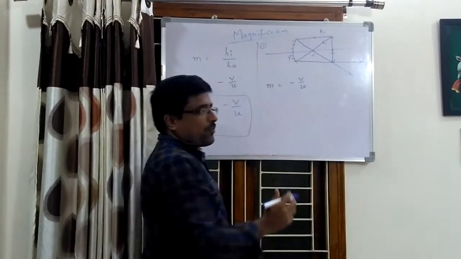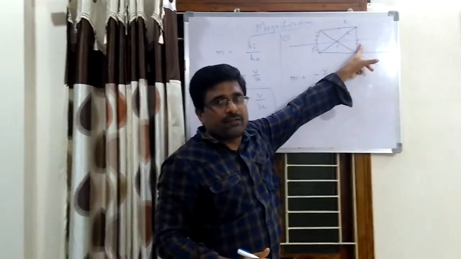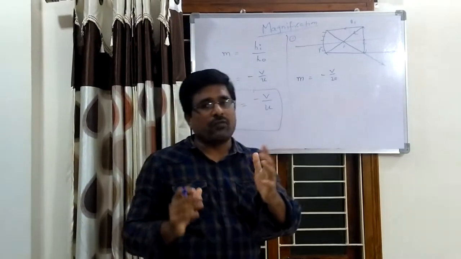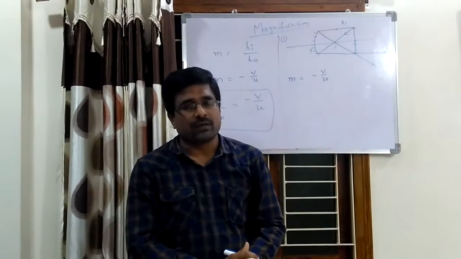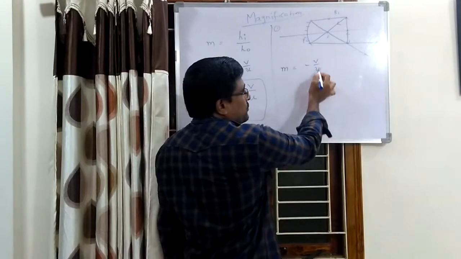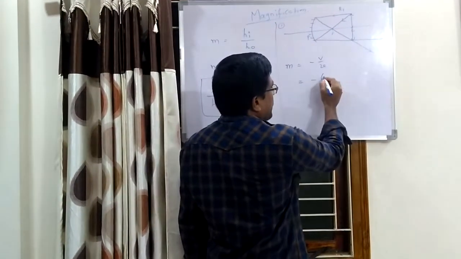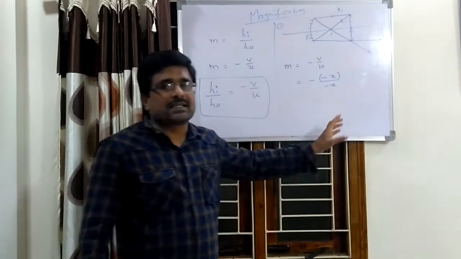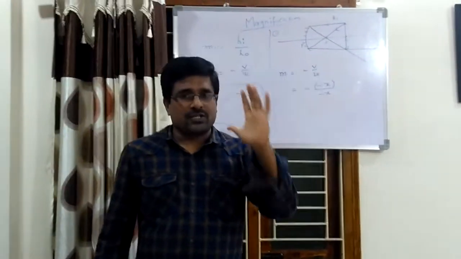Suppose the distance between P and C is X. The value of U and the value of V, that means object distance and image distance, are both equal. V value is minus X, U value is also minus X. Here X is the distance of the object and the distance of the image.